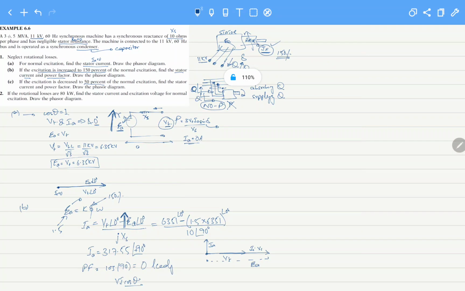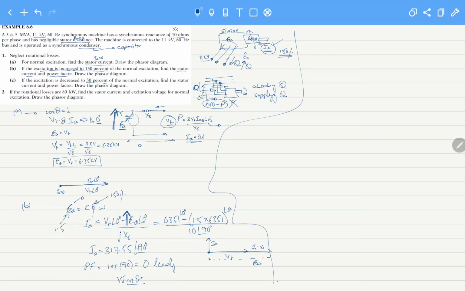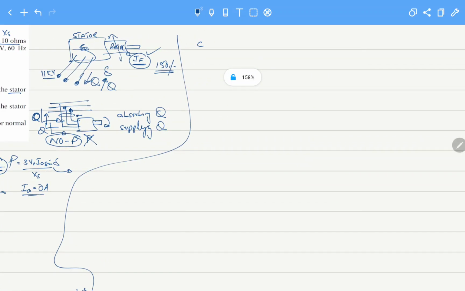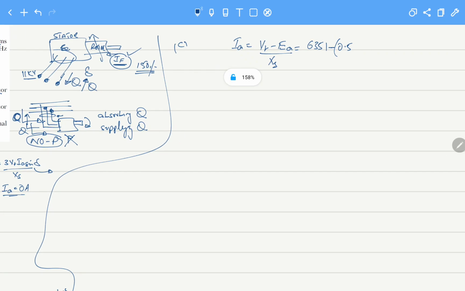For part C, Ia will become Vt minus Ea over Xs, and in this scenario Ea is 6351 times 0.5, decreased by 50%, where first it was increased.